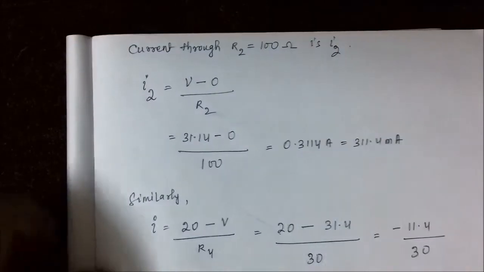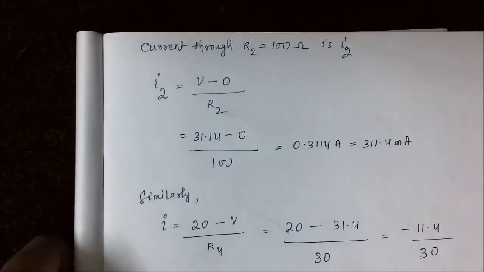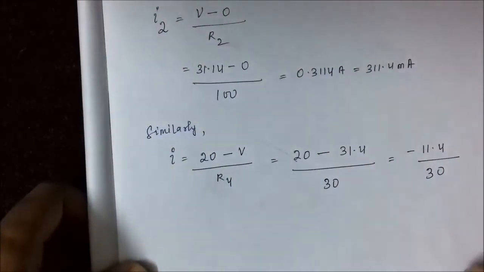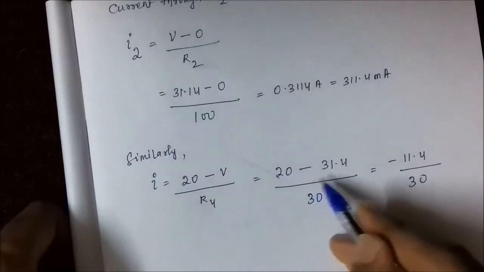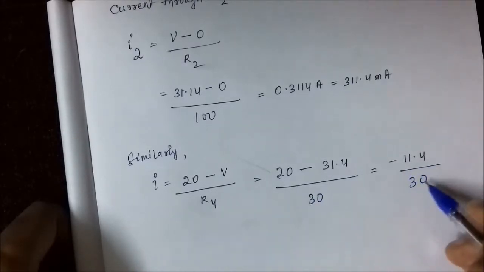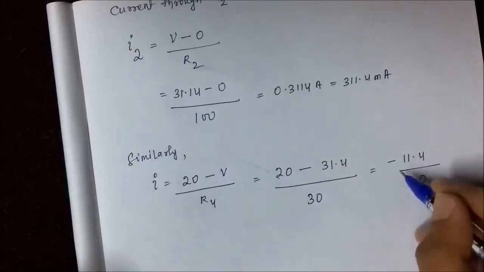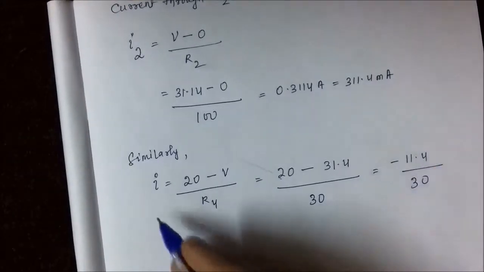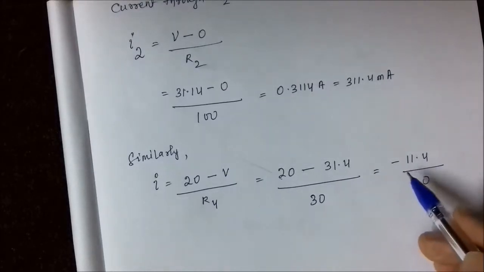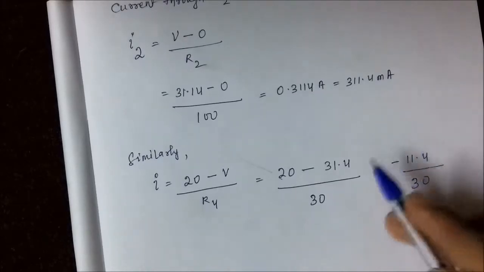Similarly, we can find the other currents also if you like. This is the other I, 20 minus V by R4, which is equal to 20 minus 31.14 by 30, which is equal to minus 11.14 by 30. Now I told you in the mesh analysis method that when the value of a current comes out negative, it means that the actual direction of the current is opposite to the assumed direction.